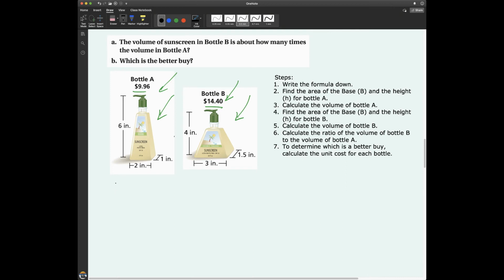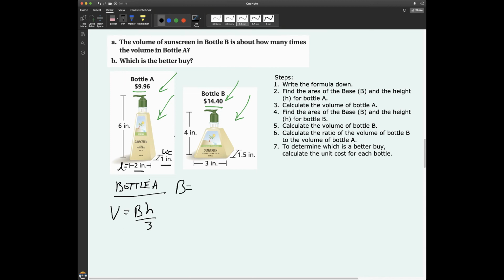So for bottle A, the volume equals area of the base times the height divided by 3. What is the base? Well, here it is. The length is 2, the width is 1. Capital B, you can do that one in your head, right?